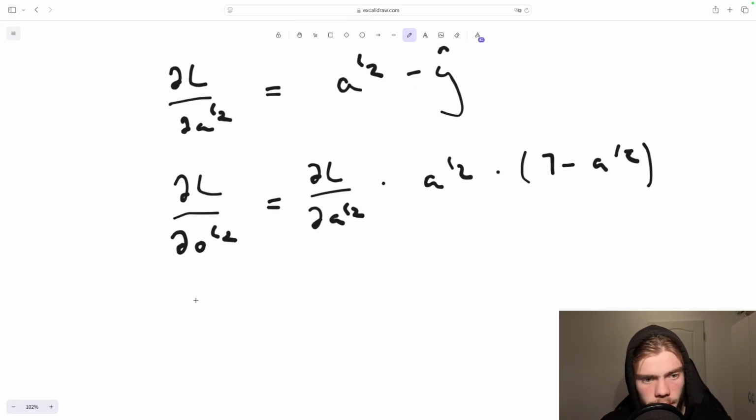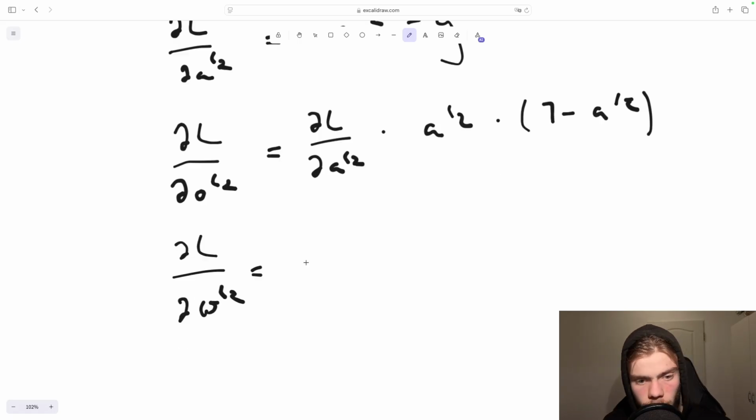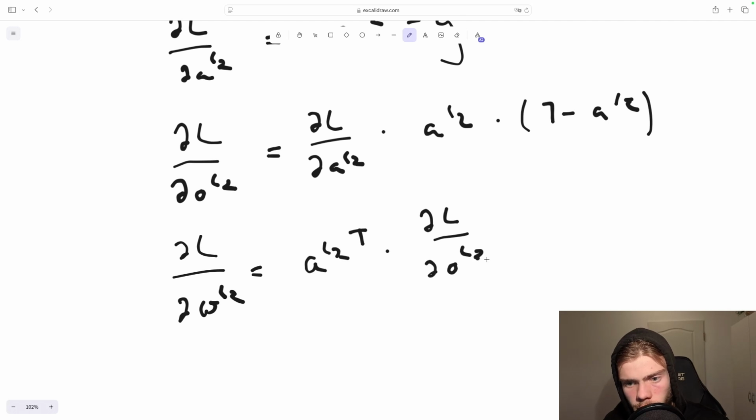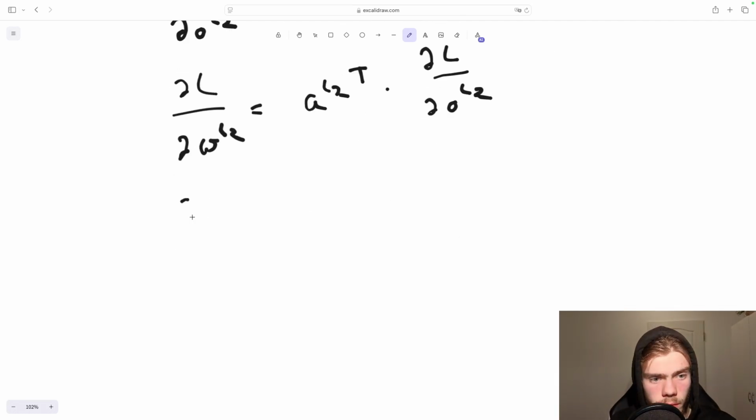Then next up is the derivative of the loss with respect to the weights of layer 2, and that is equal to the input of layer 2, that is the activation of layer 1, transposed, times the derivative of the loss with respect to the output of layer 2. Then we also need the derivative of the loss with respect to the bias of layer 2.